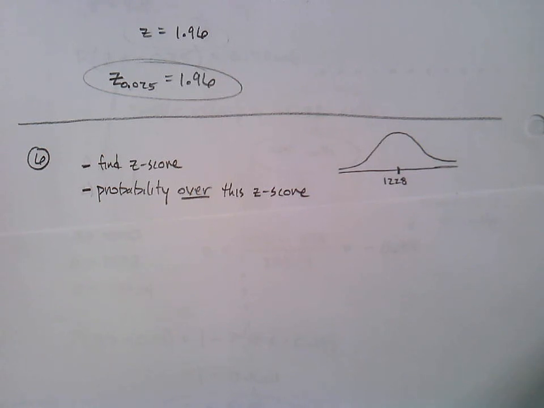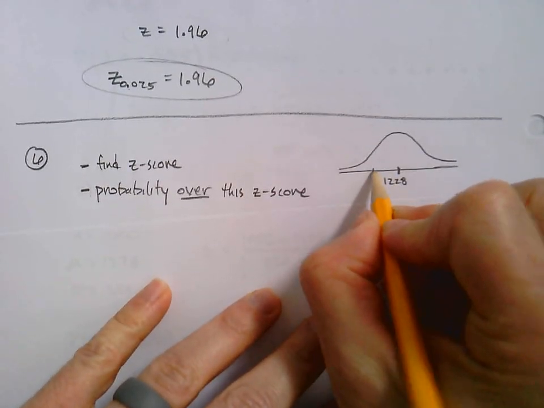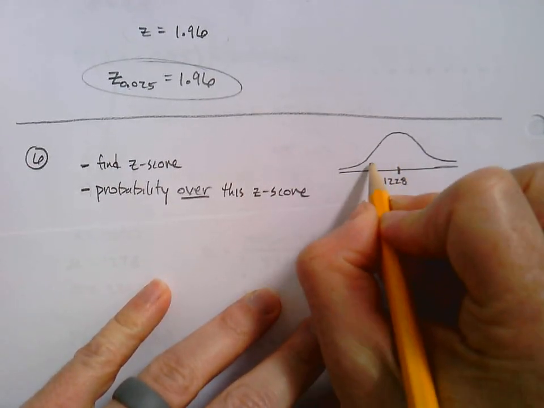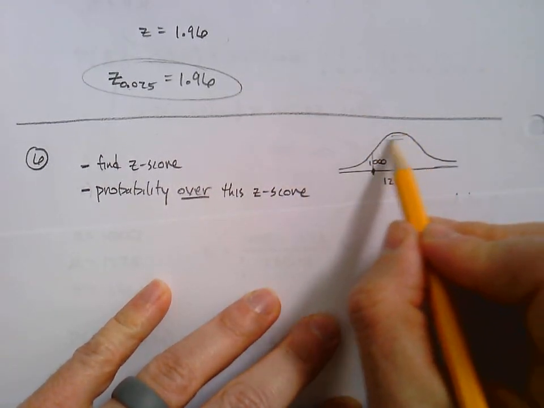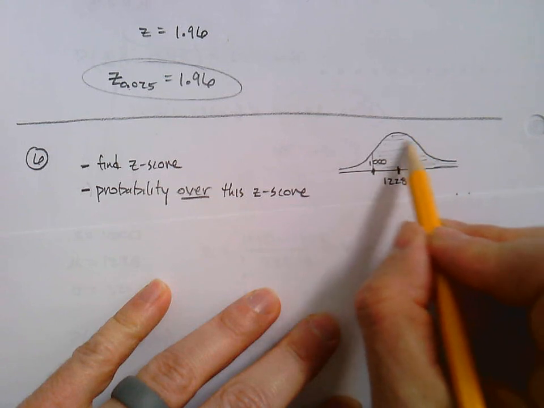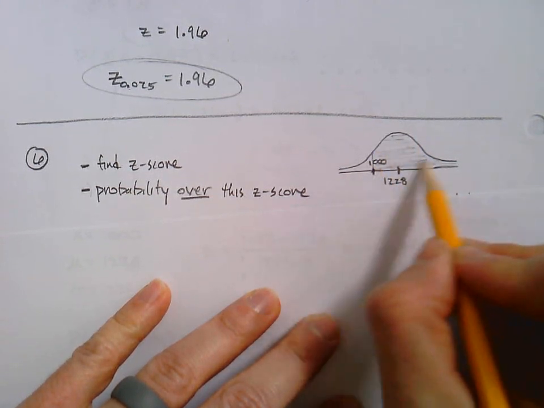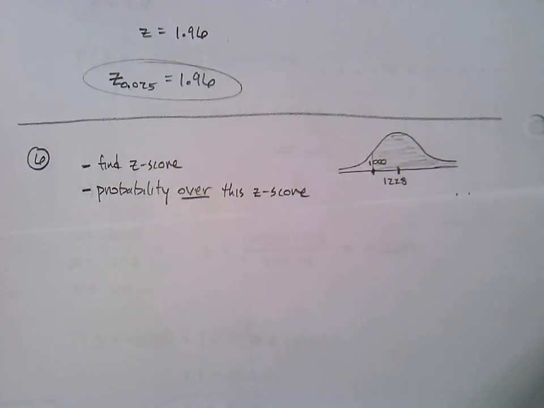The standard deviation, find the proportion of U.S. women who spend over 1,000. The proportion of U.S. women who spend more than 1,000, that's what they said, more than 1,000. And that's clearly more than half if the average is 1,228.